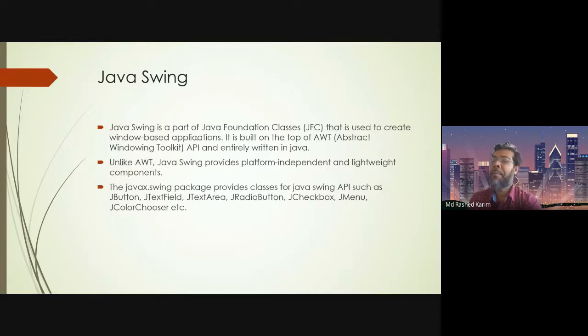So Swing is a package name. The Java Swing API has classes such as JButton, that means you can create your own button, JTextField, JTextArea, JRadioButton, checkbox, menu, color chooser, so many things. Not only this, just for example.